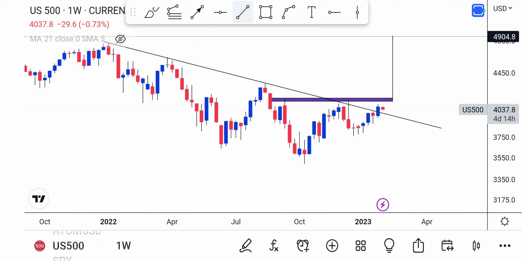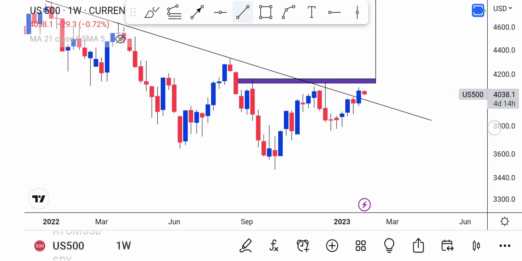A lot of resistance, even when we get this breakout to the upside, we still need to be careful of this resistance and this resistance. It is very, very important to pay close attention to this, more like a cup and handle chart pattern, on the weekly time frame.